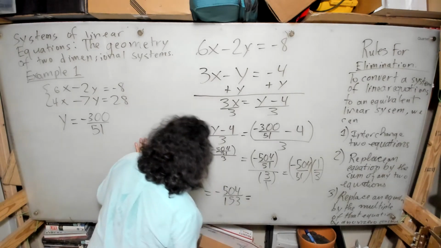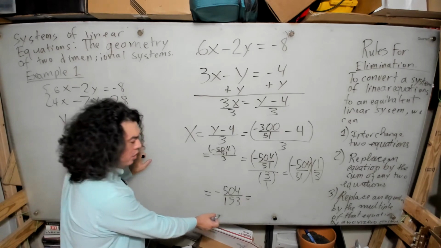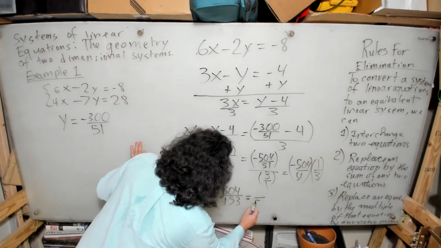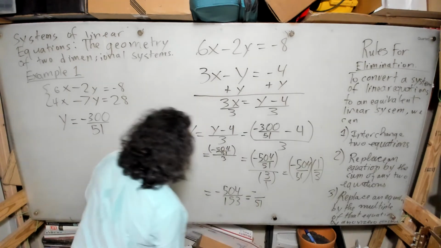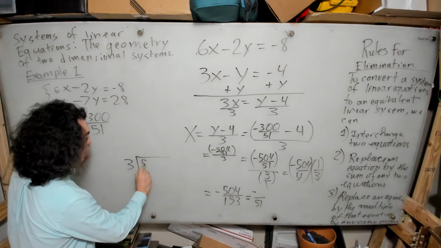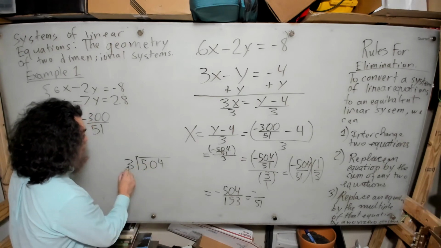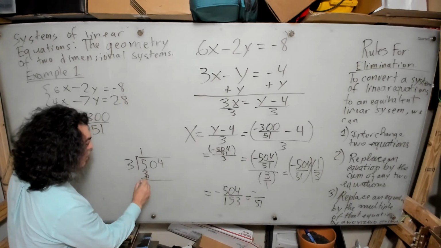And if I do that, the bottom, I know it's actually 51 times 3. So I'm going to divide the bottom by 3 and I get 51. And I know that because we just got it like that, right? The numerator though is going to be different. We don't know what the numerator is divided by 3, so we're going to do the division. 3 goes into 504. 3 goes into 5 once. 1 times 3 is 3. 5 minus 3 is 2.